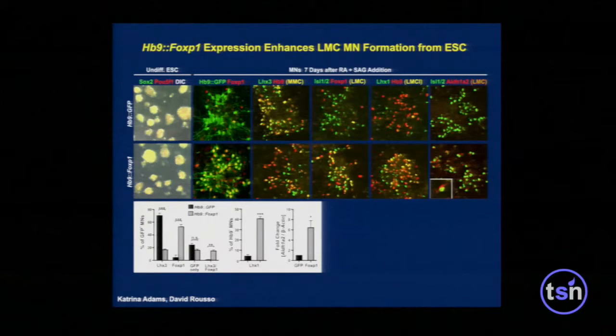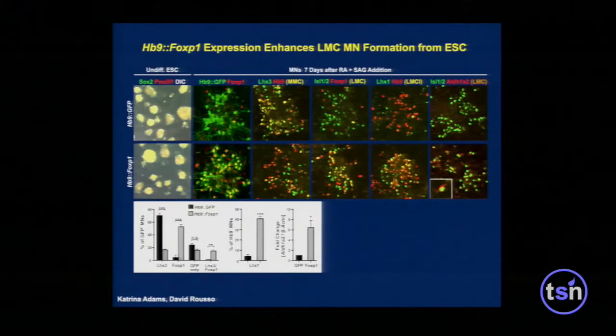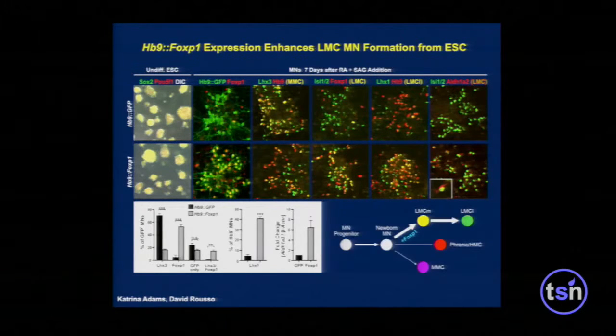Just by simply putting in the FOXP1 transcription factor, we can change this profile quite dramatically. We start to turn on markers that are characteristic of the lateral motor column, something called LHX2, and you can see that there is a suppression of the medial motor neuron fate at the same time that we're getting this big increase in the limb-projecting phenotype.